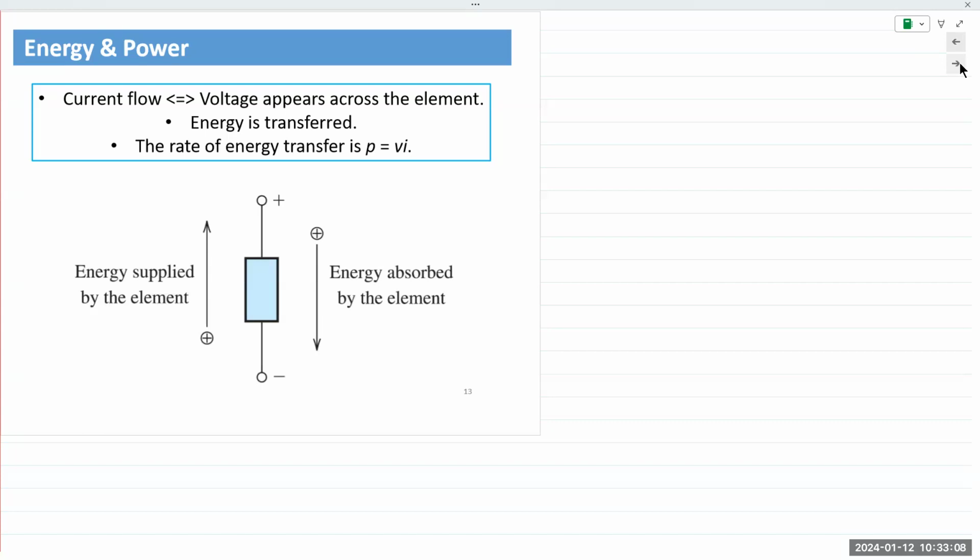Whenever energy transfers, some of it is consumed by the receiving element, but some of it is also lost as heat, and that's why your electronic devices get hot. Laptops, older laptops especially, used to get very, very hot. If you play games on your smartphone or charge it, a lot of the energy is dissipated as heat. That's why it gets hot.